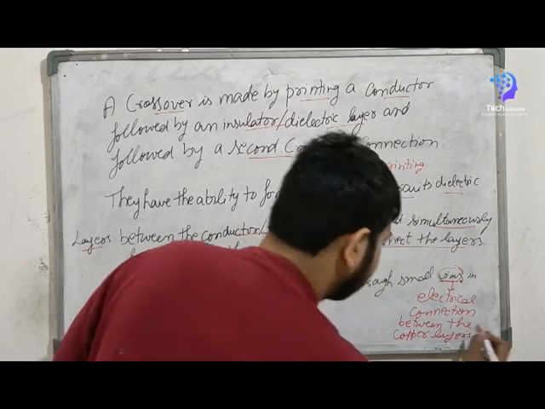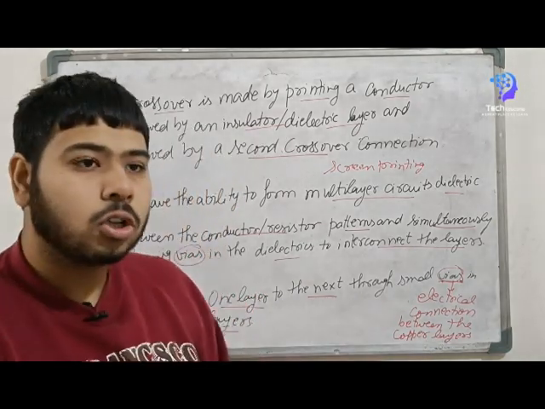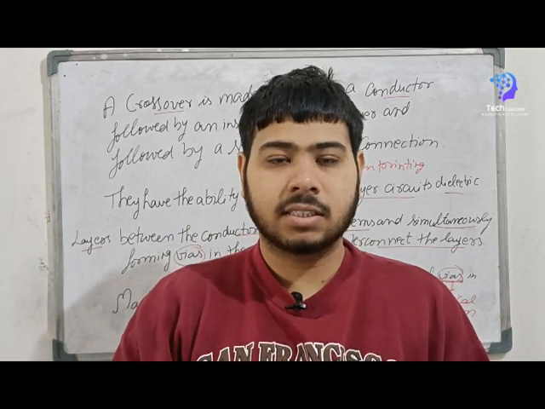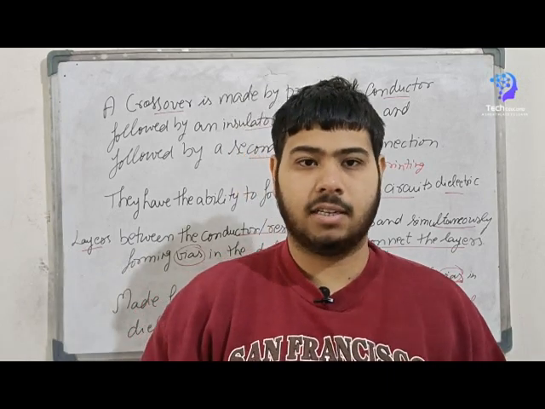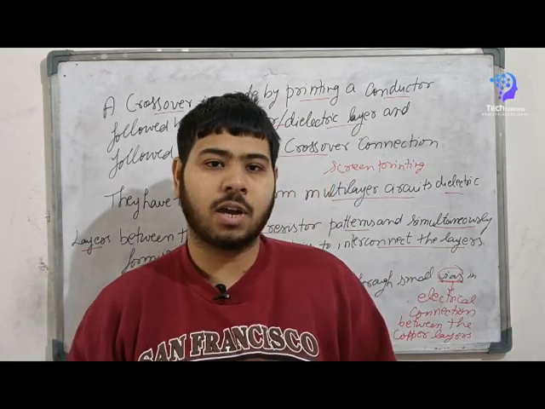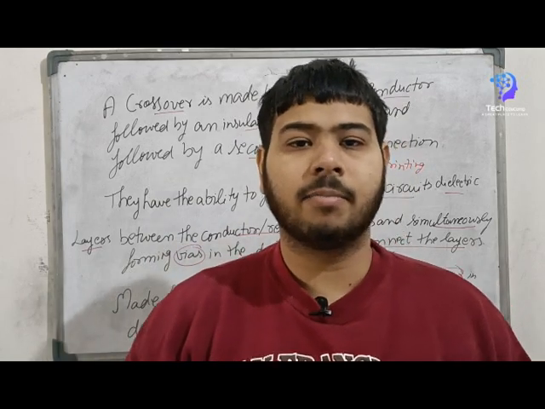In this manner, we can fabricate 6 or more layer conductors for the thick film microcircuit. So this is the topic about how we can design the conductors in thick film microcircuits.